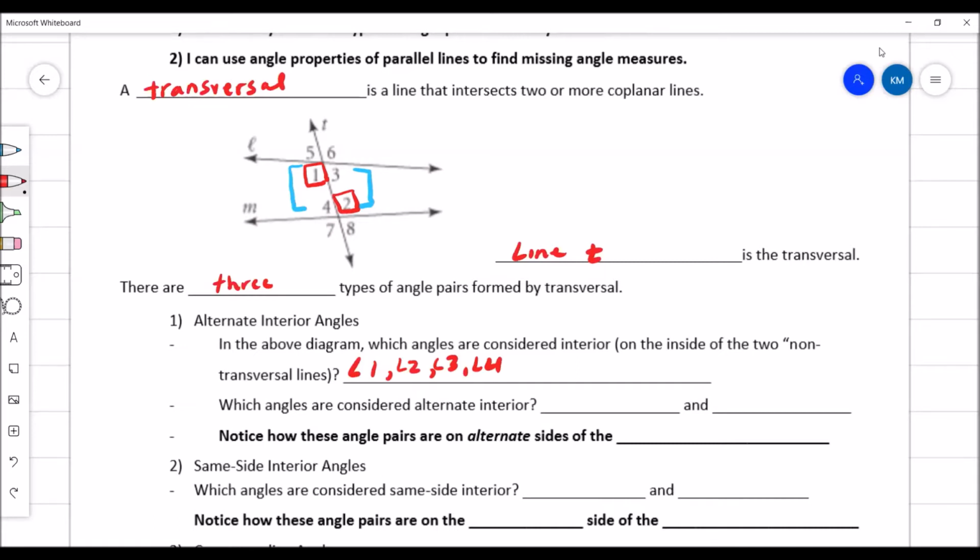When we look at 4, its alternate interior angle will be angle 3. So angle 1 and angle 2 would be considered alternate interior angles, and angle 3 and angle 4 would also be considered alternate interior angles. Notice how these angle pairs are on alternate sides of the transversal.